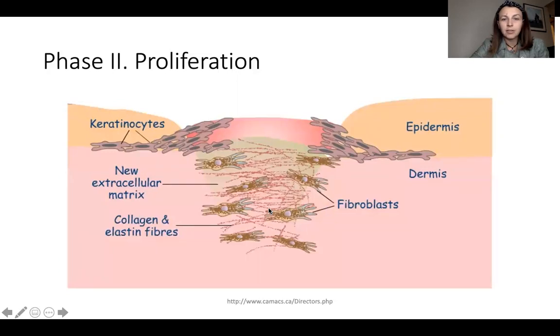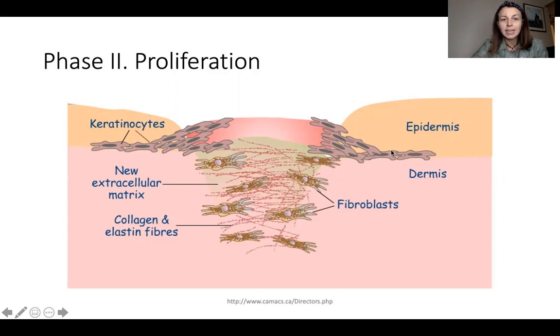I love this of the proliferation phase. This is really the best way to see how the fibrous tissue is being excreted by the fibroblasts, right, to build and to regenerate those tissues underneath. But what I love here too is this crawling effect.